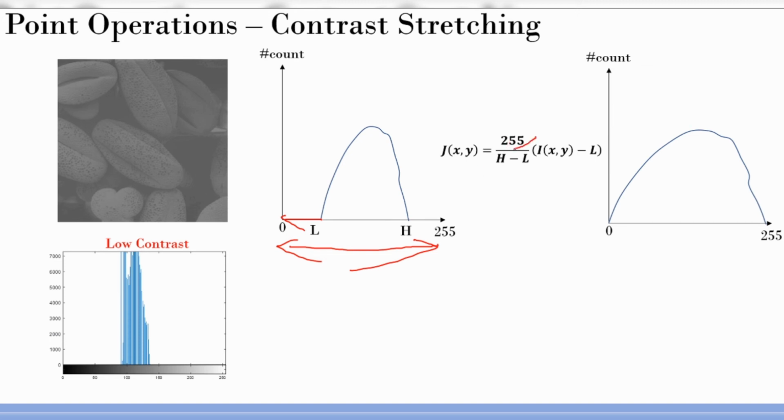This operation normalizes the image to go from 0 to 1, and then multiplying by the original dynamic range gives you the full stretching of the image, exactly from 0 to 255.